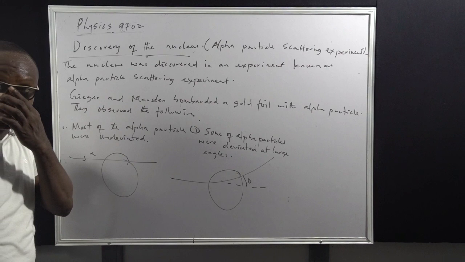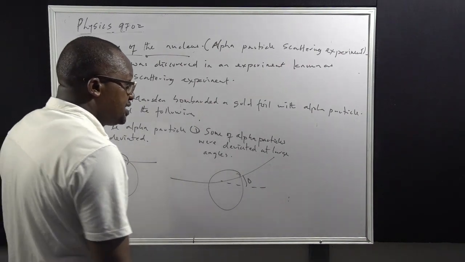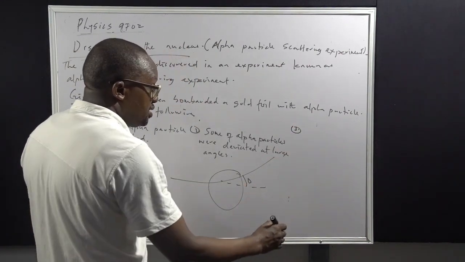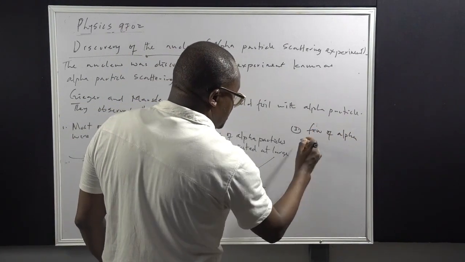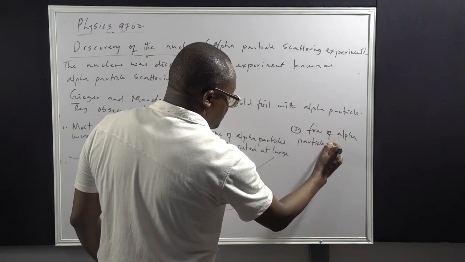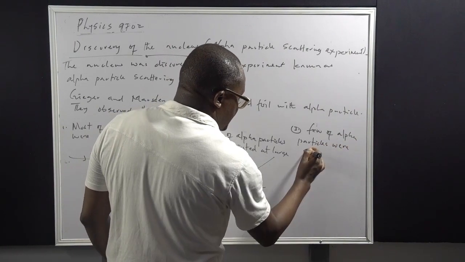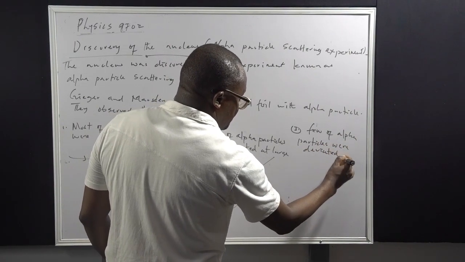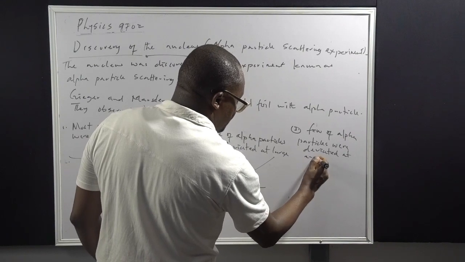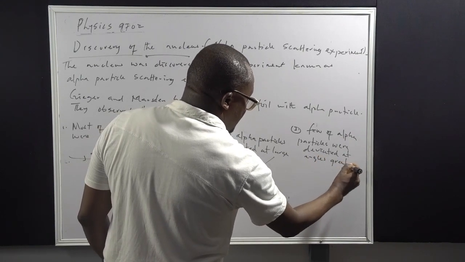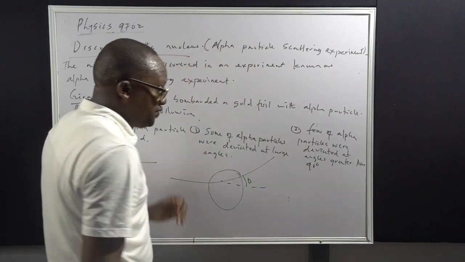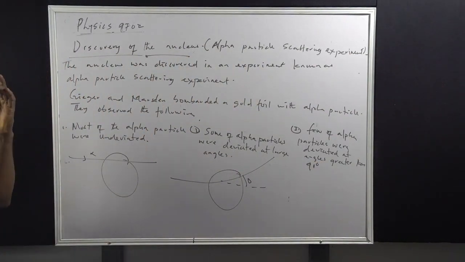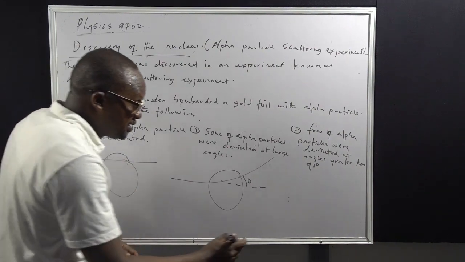Are you following? Then the third one is this. Few of the alpha particles were deviated at angles greater than 90 degrees, which is something like this.